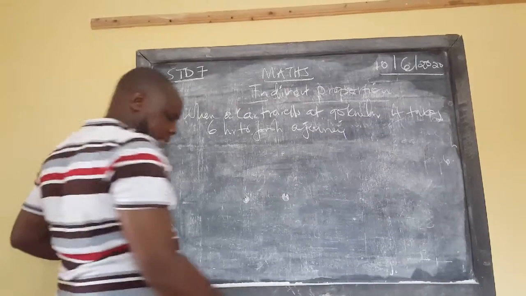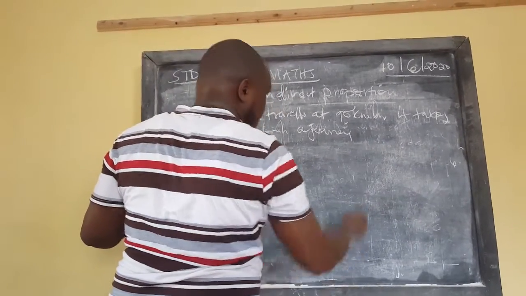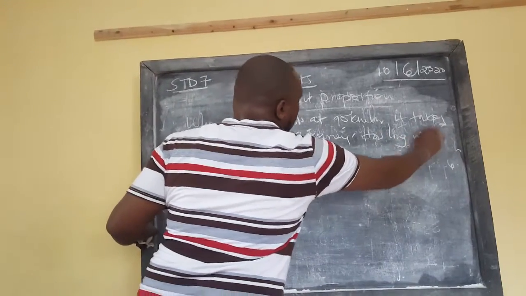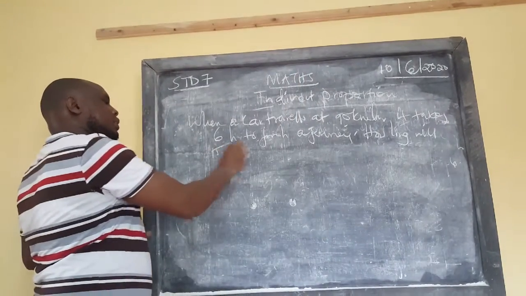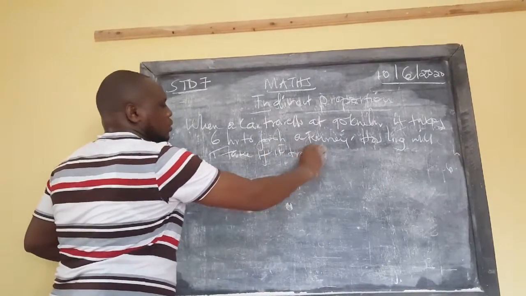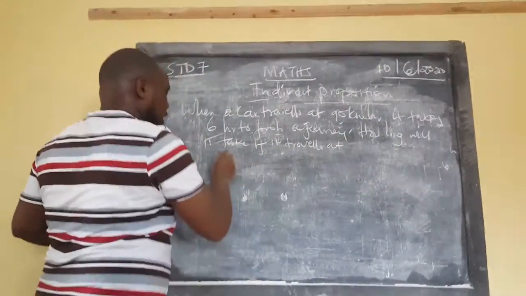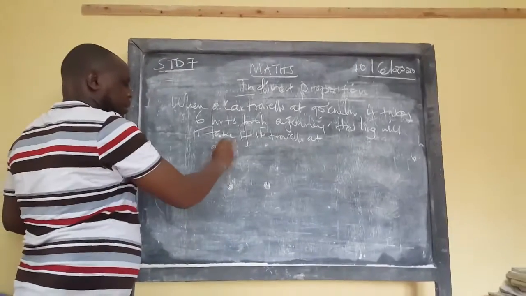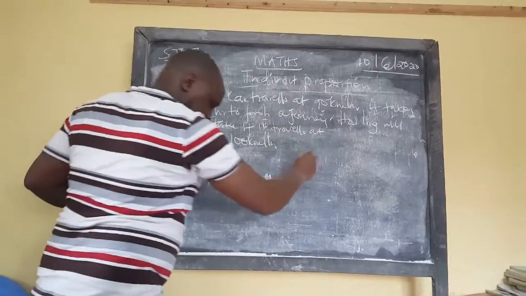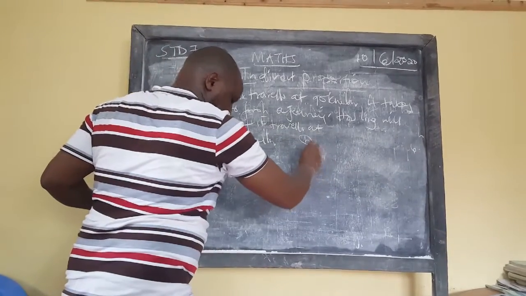How long will it take if it travels at A, 100 kilometers per hour, and B, 80 kilometers per hour?